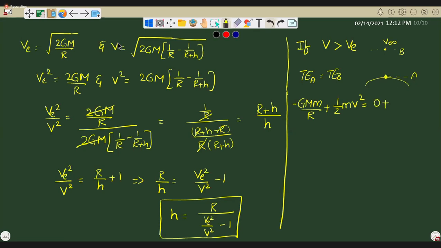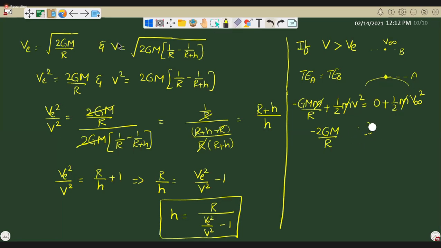What is your kinetic energy? Half m v infinity square. Correct. m gets cancelled. Multiply everything with 2. Minus 2GM by R plus v square is equal to v infinity square.